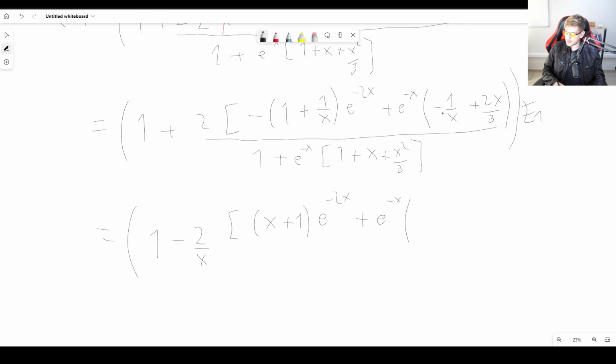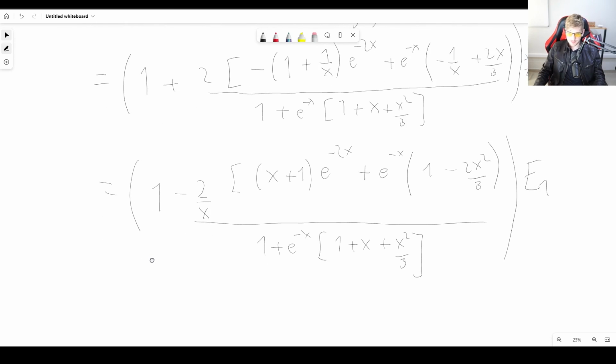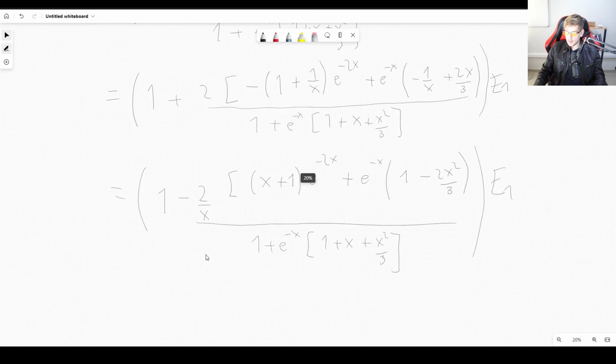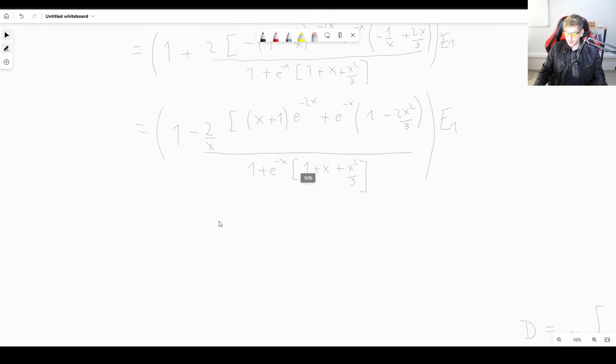And then this is now 1, and then minus 2x squared over 3. All of this divided by the same thing. All right, so this is now looking much cleaner.